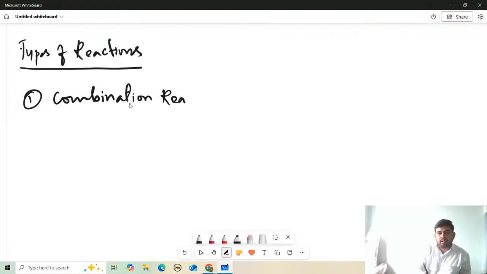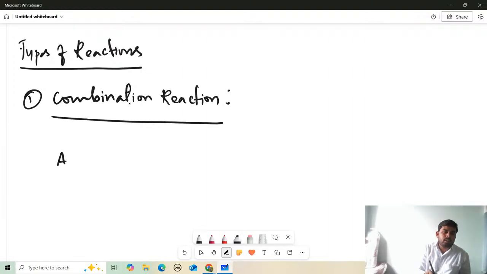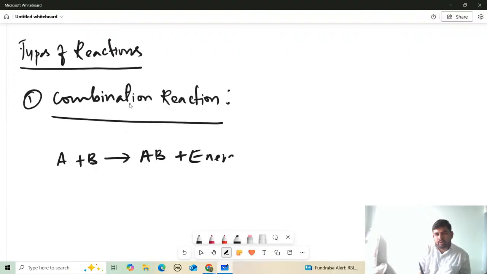In this reaction, remember, A plus B gives rise to AB. Here energy is produced. Generally, these combination reactions are exothermic in nature.